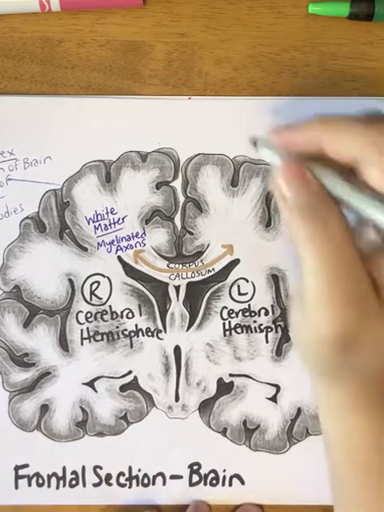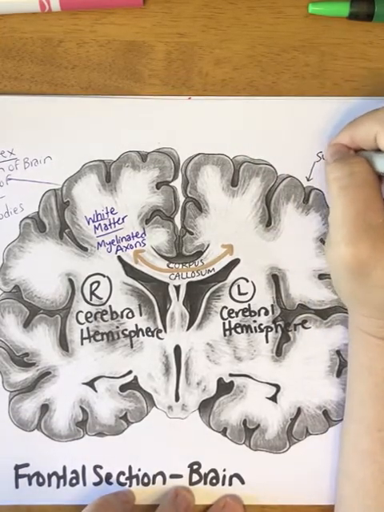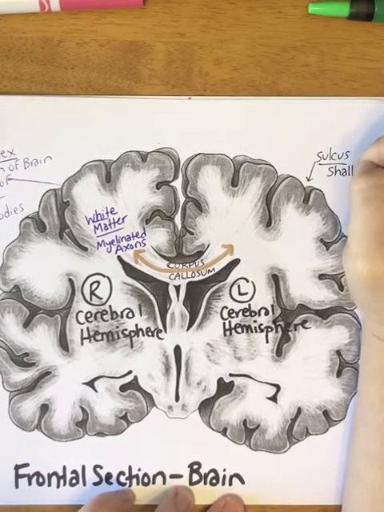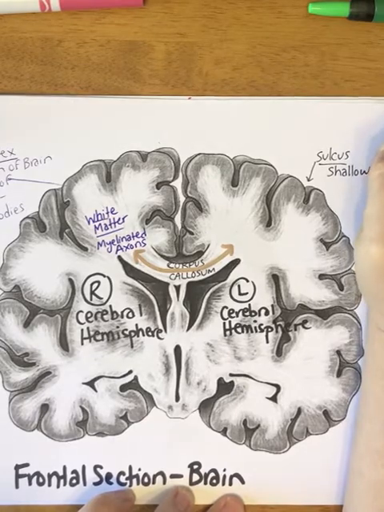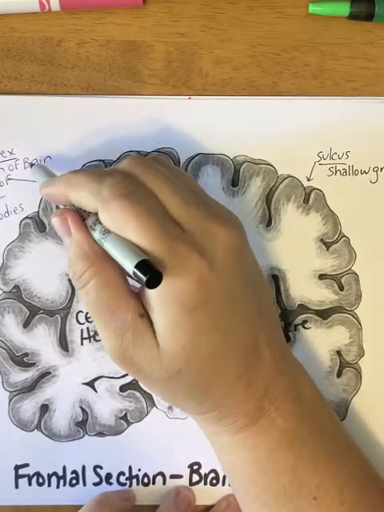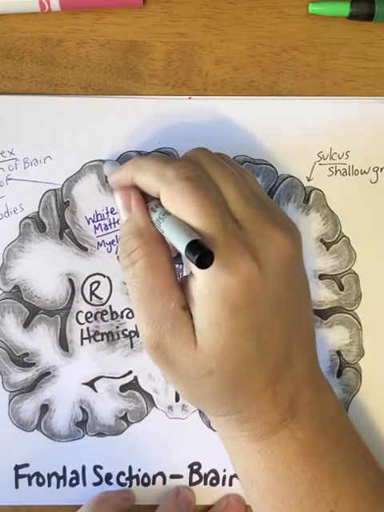Now, if we looked at any of these right here, this would be a sulcus. A sulcus is a shallow groove on the brain. This raised portion of the cerebral cortex is gray matter, but these are also called gyri.